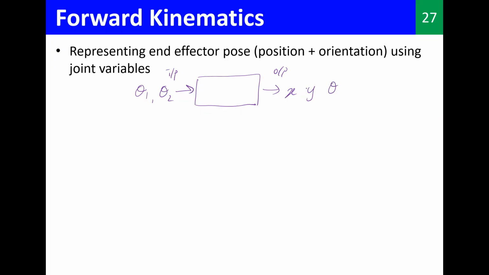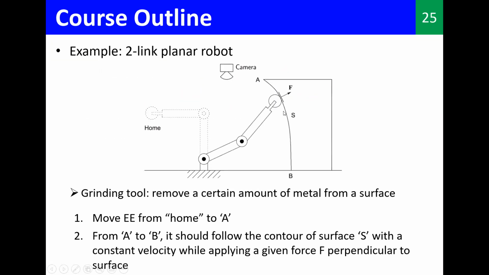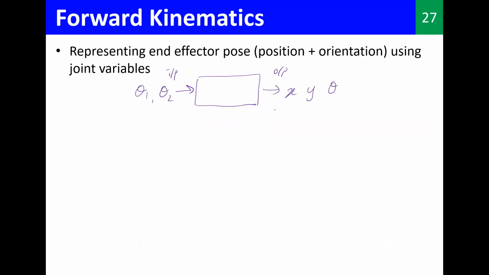If I show you this one, XY is this: this is X and this is Y, and theta, let's say, is that angle. So forward kinematics is nothing but finding X, Y, theta using theta 1 and theta 2. That's all it means by forward kinematics.